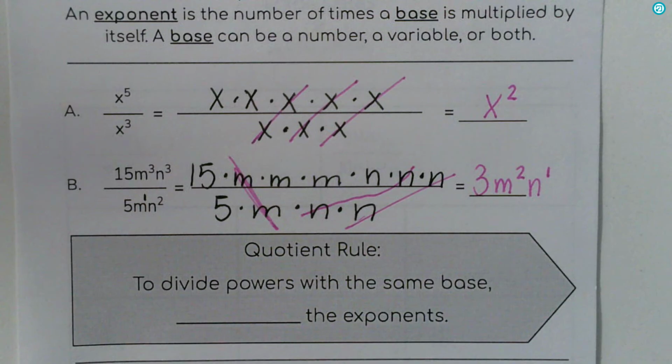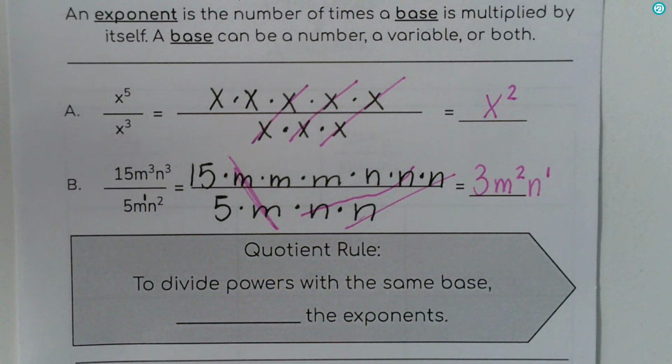Now, take a second to talk to the people around you. See if you agree with them. What are you doing with those exponents? Okay. What operation can we do with those exponents?